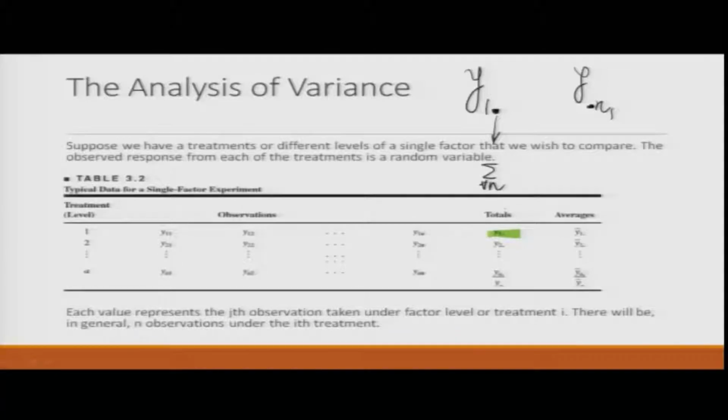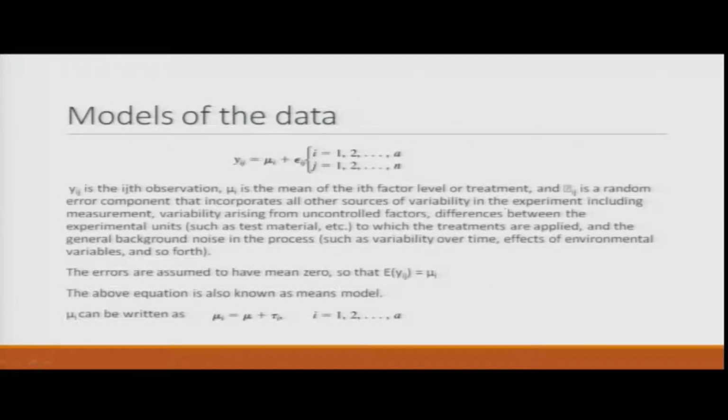So, each value represents the jth observation taken under factor level or treatment i. There will be in general n observations under the ith treatment, as I did mention very clearly. Now we will try to build up the model. Yij, for the treatment number i and the jth observation, would have some mean value with some error.